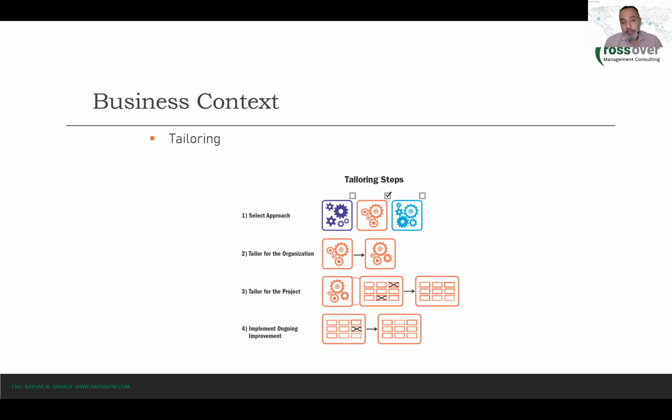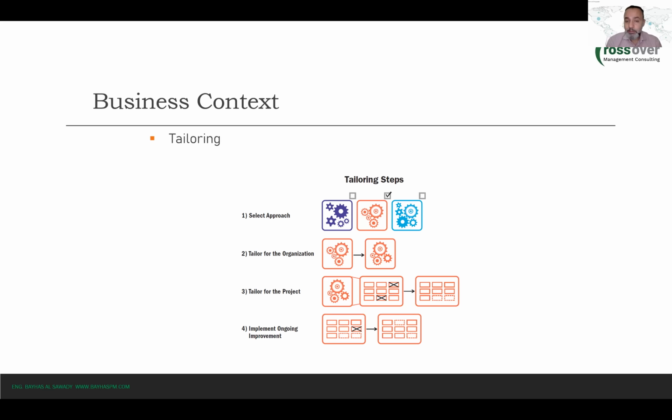And then step 3, you go to the project itself, and according to the project complexity, according to the project simplicity, according to the project size, you again take the approach and tailor it. What are the documents that I need to use in this project that I might not use in other projects, for instance, because this project is a lot simpler than other projects, right?